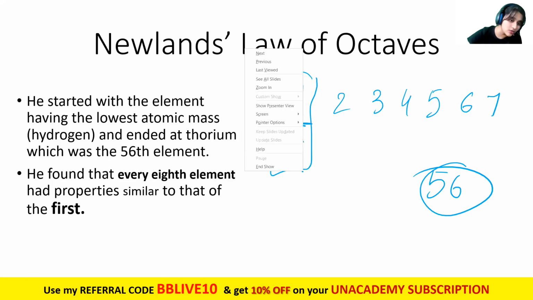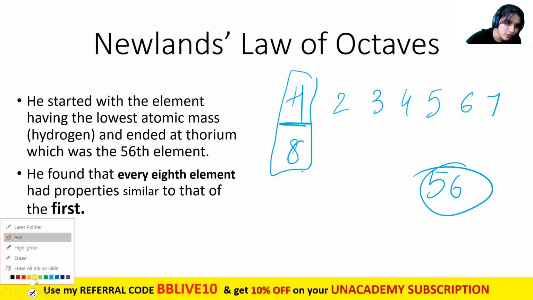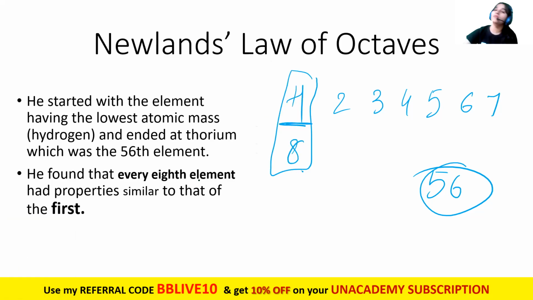From any point you start, the eighth element will give properties similar to the first one. Let's consider the fourth as our one. So 1, 2, 3, 4, 5, 6, 7, 8. Whatever element is here will have properties similar to the fourth element. That is absolutely correct.